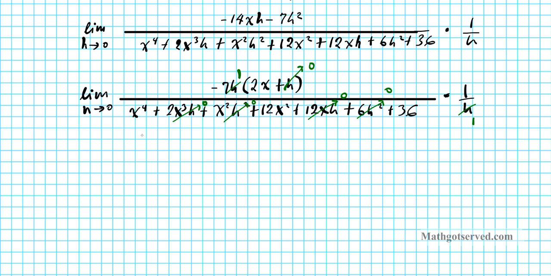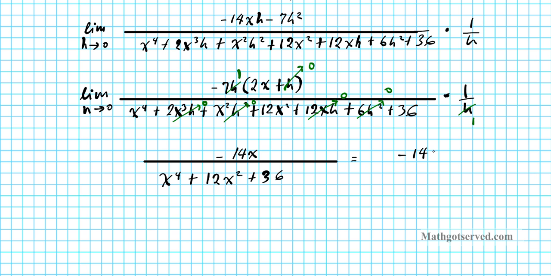So if I do that, this whole term is now going to become negative 7 times 2, which is negative 14x, divided by x to the fourth plus 12x squared plus 36. And then we can factor this. I'm sorry, this is a perfect square trinomial, not a difference of squares.